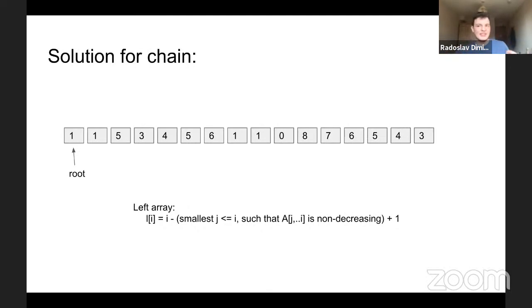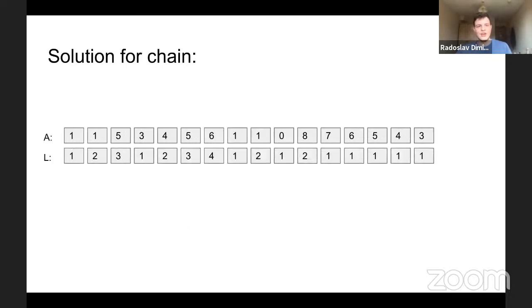So in simpler words, starting from one position, for example, look at this 4, it would be the length to the left of the longest subarray such that it's non-decreasing. If we compute it for the array I have shown here, the array is the one above, and L is the array below. For 1, it's just 1.